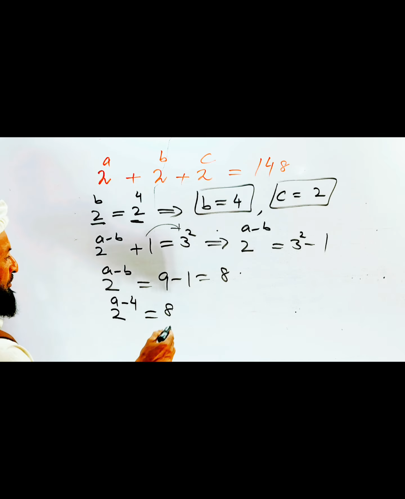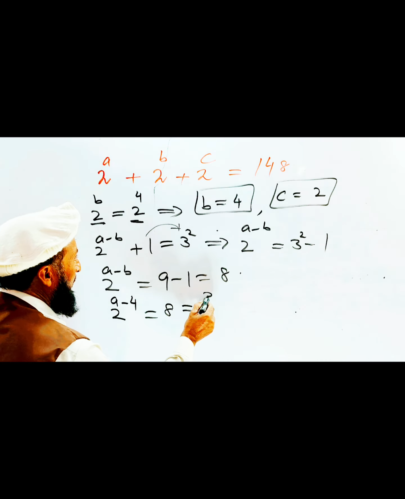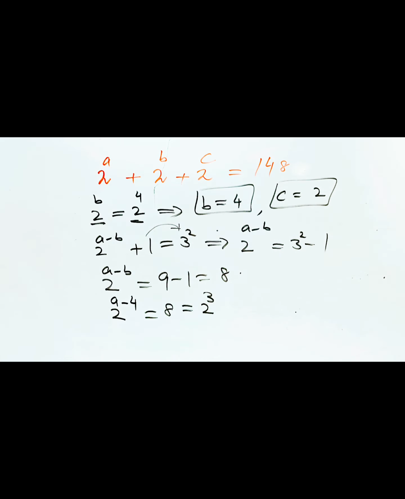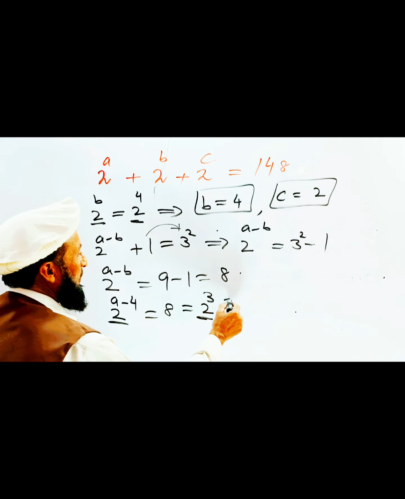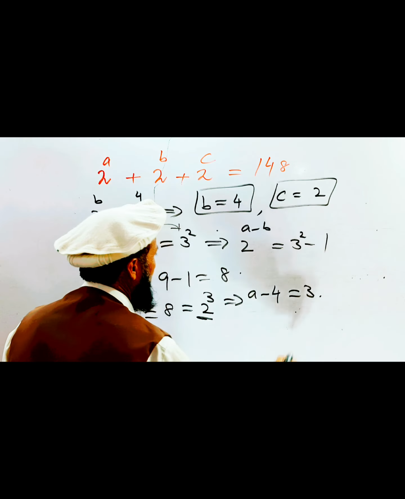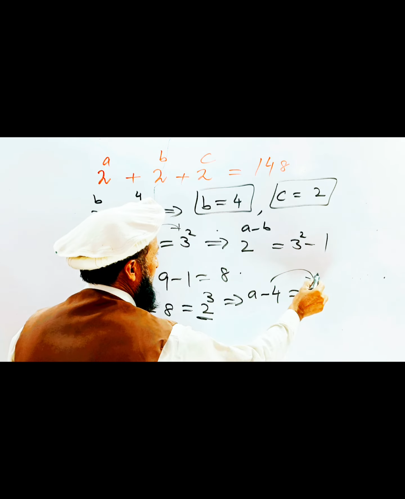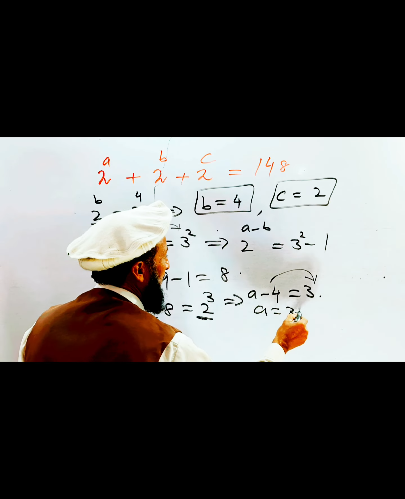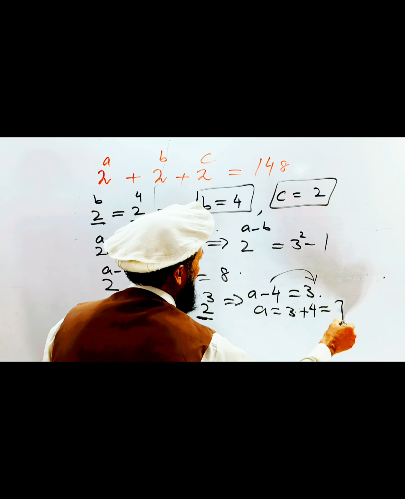Now we try to make this one also 2^3. Now the bases are the same. If we compare their exponents, we get a minus 4 is equal to 3. So we transfer this, a is equal to 3 plus 4 is equal to 7.